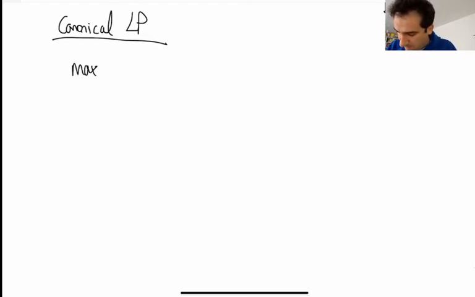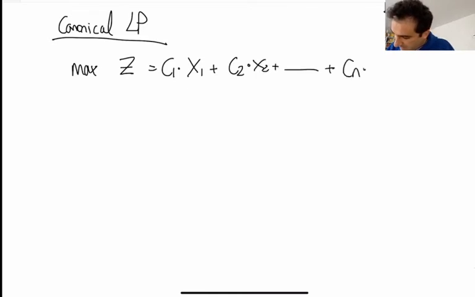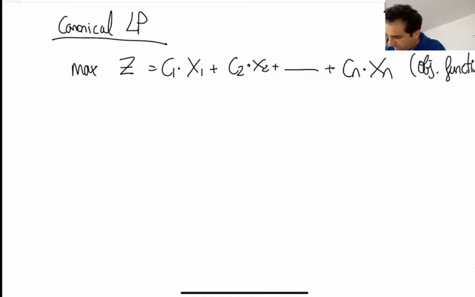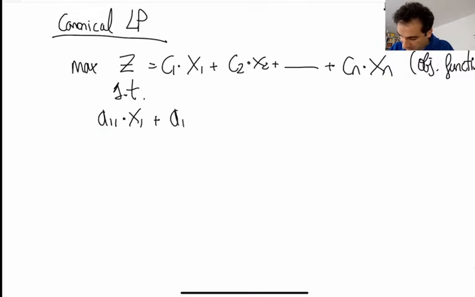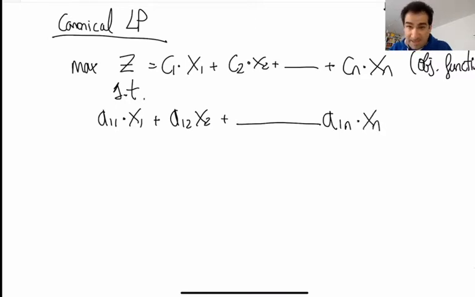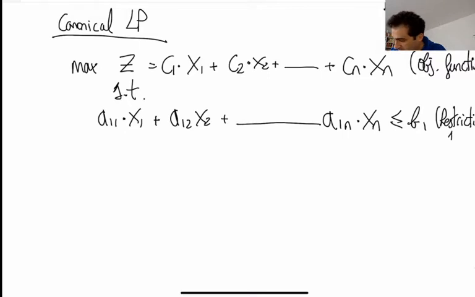We want to maximize objective function z made of c1 times x1, c2 times x2 plus cn times xn, and this is the objective function subject to a set of constraints, and these read as follows: a11 times x1 plus a12 times x2 plus a1n times xn lower or equal than a given parameter b1, and this is restriction number 1.